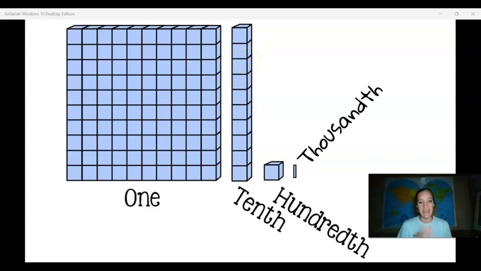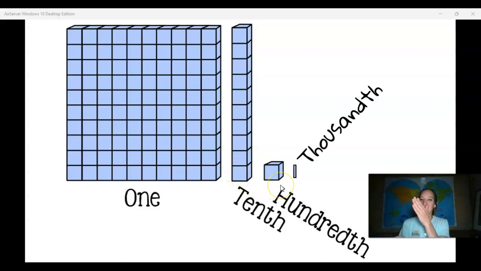So 10 tenths equals one whole. Kind of cool, huh? Now, if we take a tenth and cut that into 10 pieces, we are given a hundredth. It takes 10 hundredths to make 1/10.